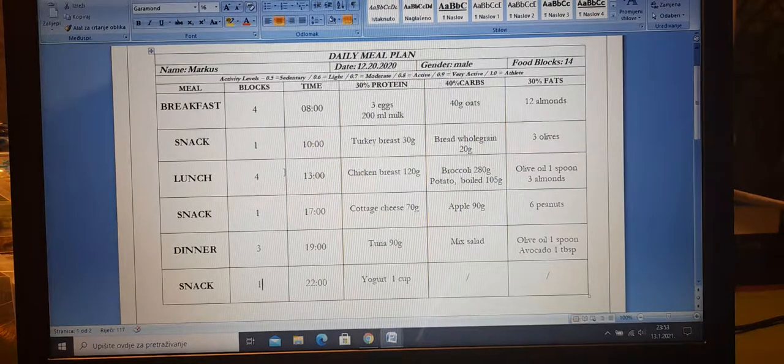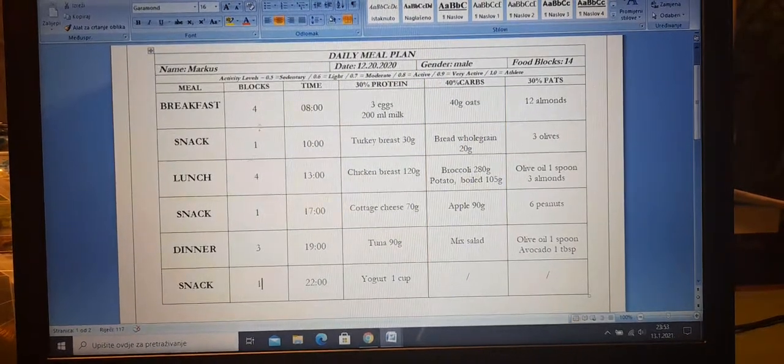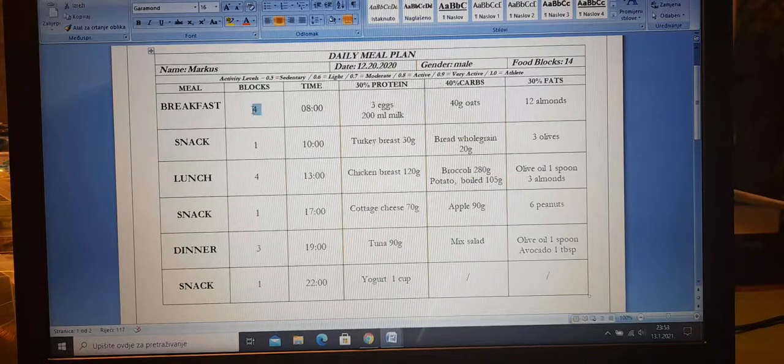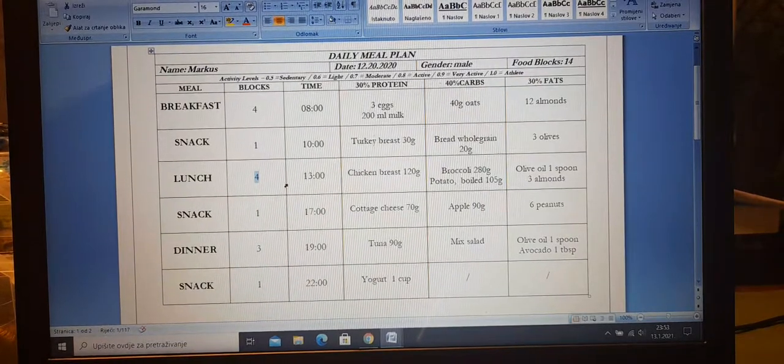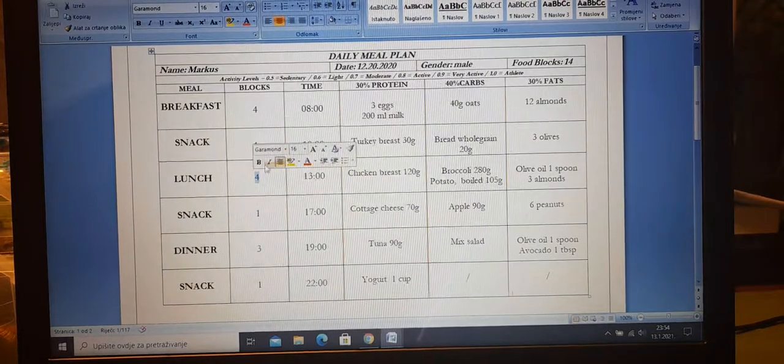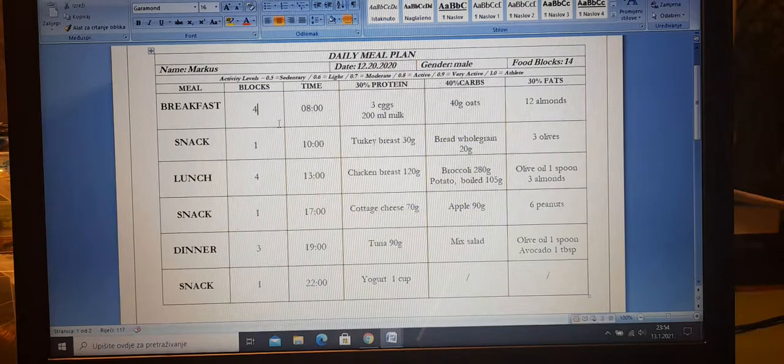Of course, if sometimes you cannot eat too much at breakfast, you can put, for example, 3 blocks, and put that one block on lunch, so you have 5 blocks at lunch. This is individual, but my recommendation is that you follow this rule, that breakfast is the strongest.